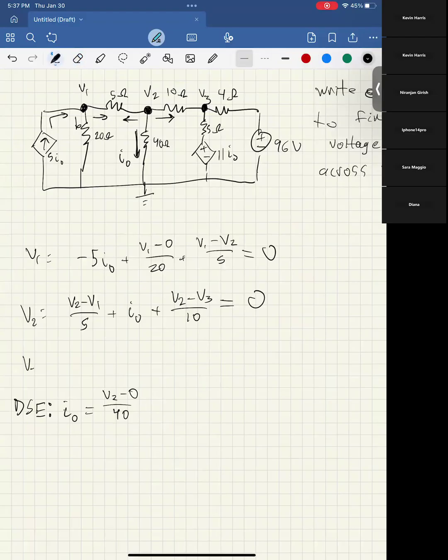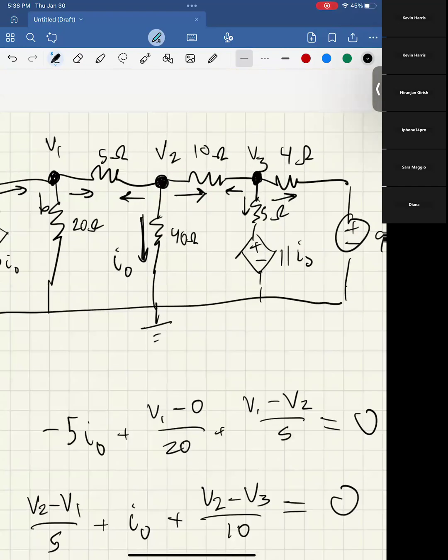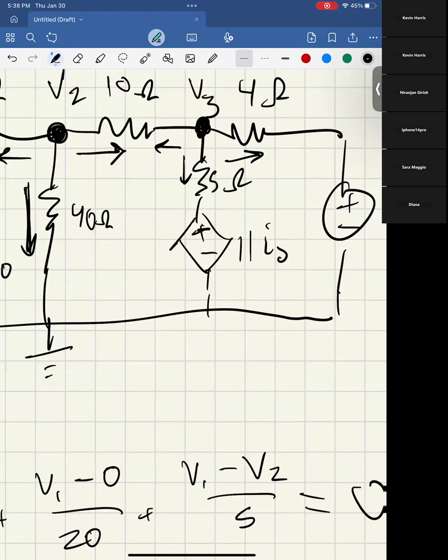And last but not least, we have our V3 equation, starting with the current going to the left: V3 minus V2 over 10, plus V3 minus... here, as we can see, this is a dependent voltage source. So for the current going down, we have to look at the voltage drop across the resistor.